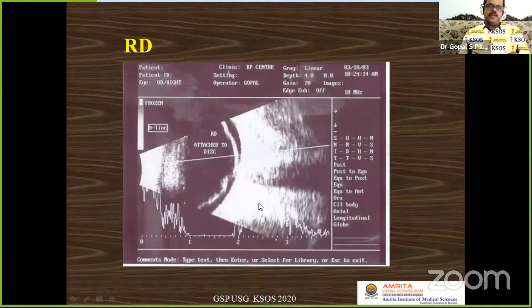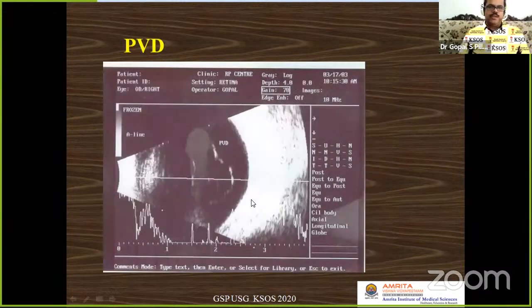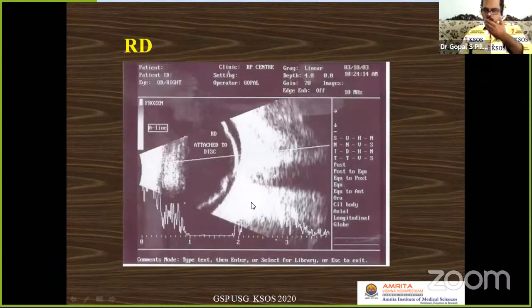So this is a retinal detachment. The difference between a PVD here and a retinal detachment here is that the retinal detachment is always attached to the disc when you are looking at the disc. If you are not looking at the disc, it can sometimes be completely separated. So you have to always look at the disc and see whether the thick membrane, which is very hyperechoic, is attached to the disc.